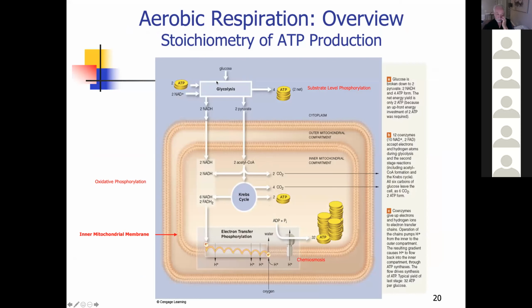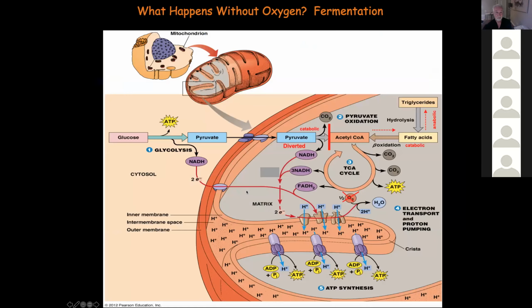Another way of, it's not another way, it's a reiteration of what we've just been talking about, starting with glucose, ending up with chemiosmosis here in the membrane as a result of all these steps we've been talking about.